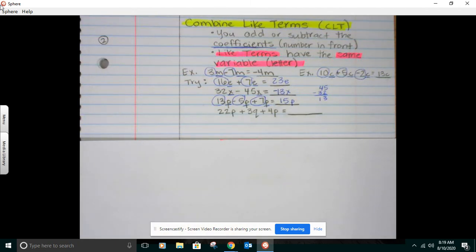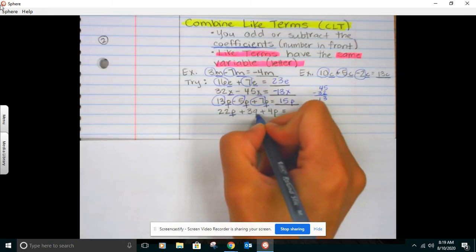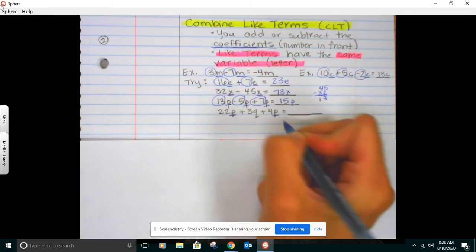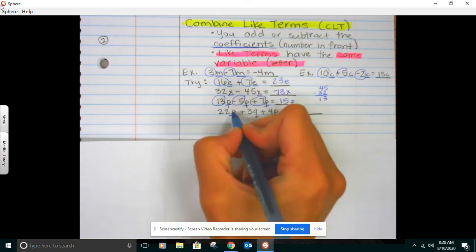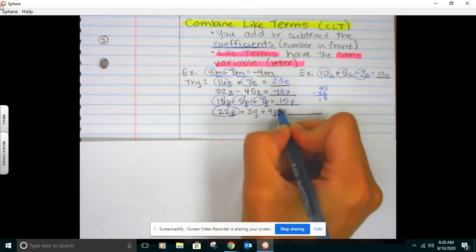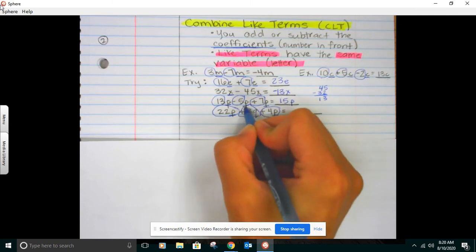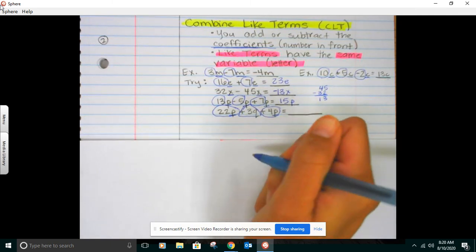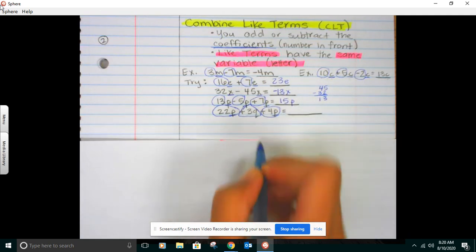All right, and then, yes, this is the very last example. We are almost done. I've got a p term, but then I have a q, and then I have a p. So later on, when we get going with more problems, I'll show you guys. I would circle the p terms, always get the sign in front, and maybe do a triangle over q terms and do a box. So if there's s terms, like if there was some with an s. But for now, I'm just going to combine.